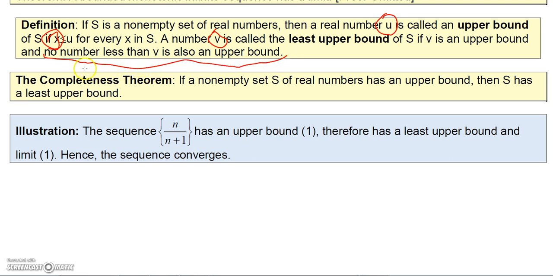So in other words, if there's no number less than V that's an upper bound, then V is called the least upper bound.